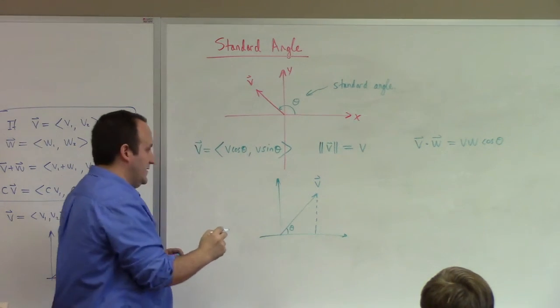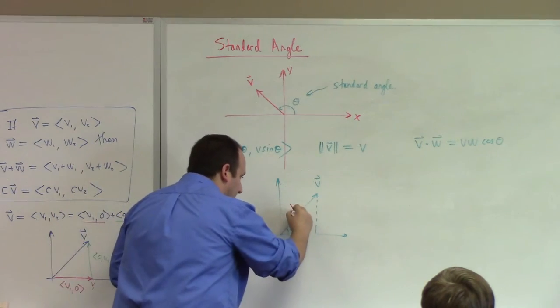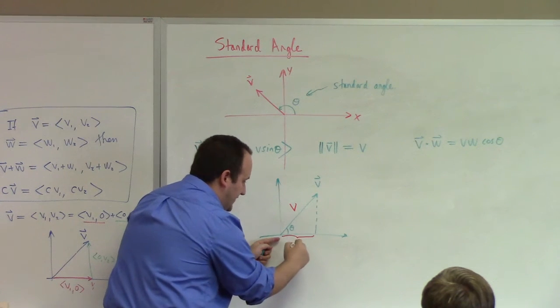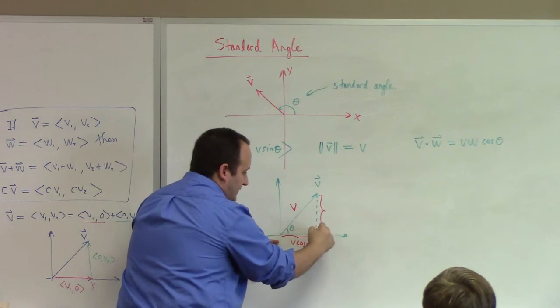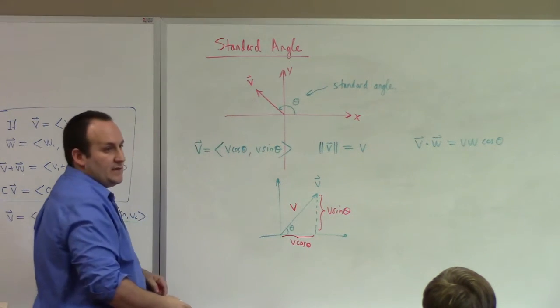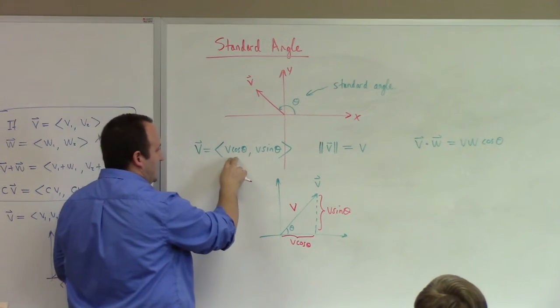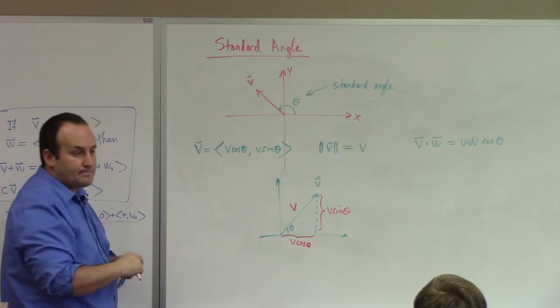The length of the hypotenuse is V. So what's this down here? Trigonometry says that that's V cosine theta. Trigonometry also says that this over here is V sine theta. And so that's all I'm writing here, that the vector can be rewritten as magnitude times cosine theta, magnitude times sine theta.